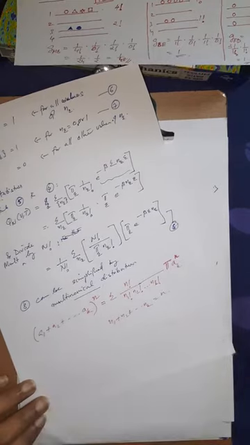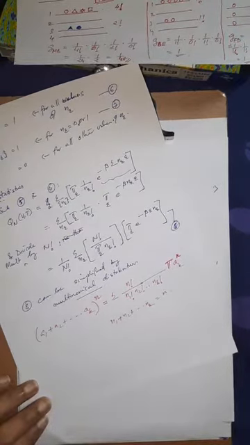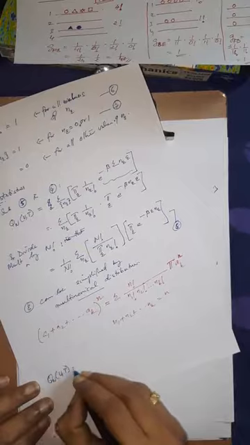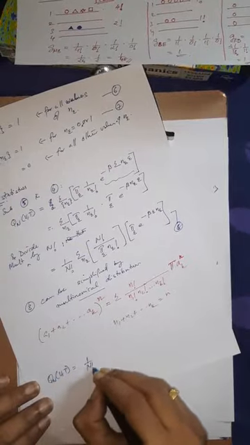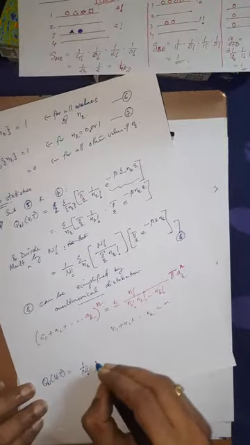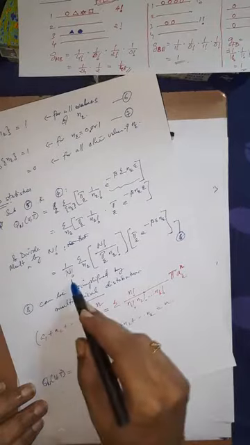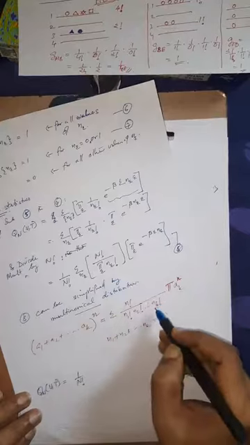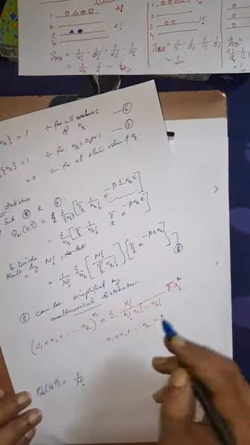I can write it as Q_N V T is equal to 1 by N factorial, this N factorial, right? So I am going to expand this and apply this here.